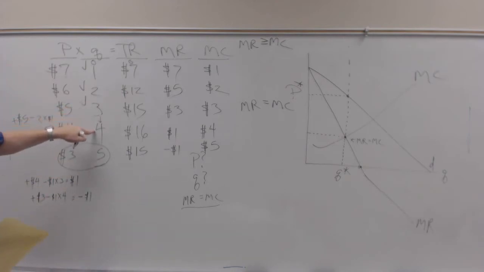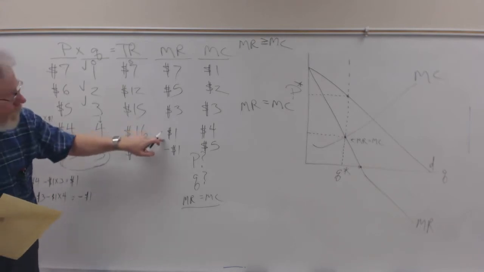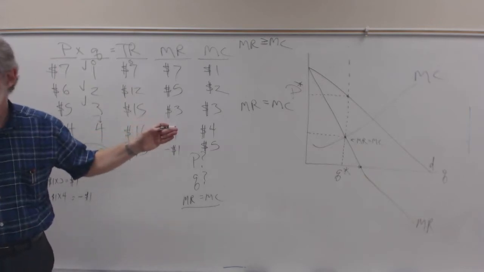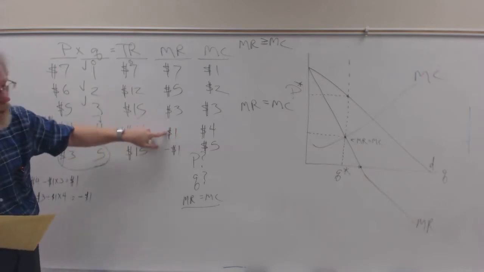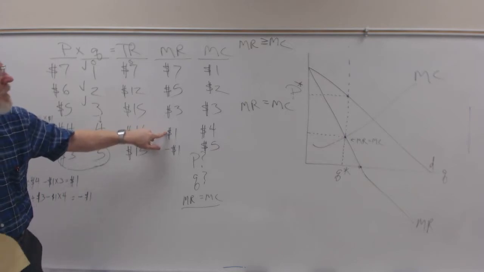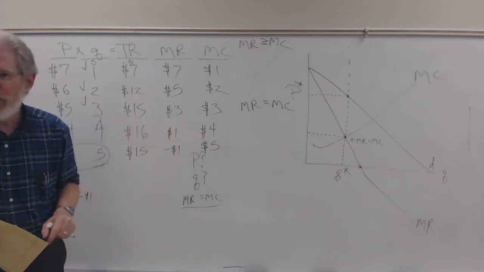He looks at the fourth unit and says, well, if I want to, I can sell 4 units. But I'll have to cut my price to $4 per unit. If I do that, my revenue still goes up. My revenue goes up by $1, but my costs go up by $4.